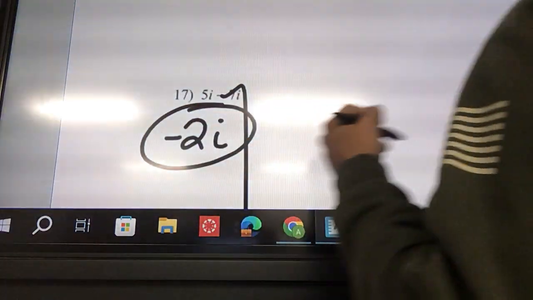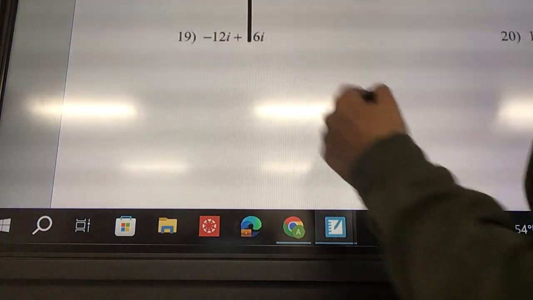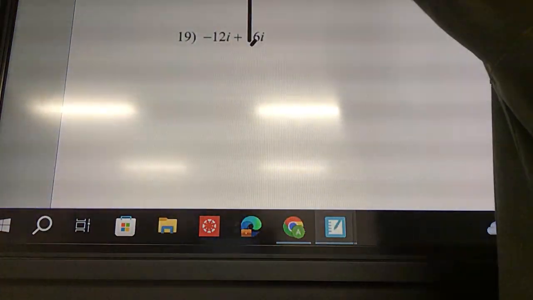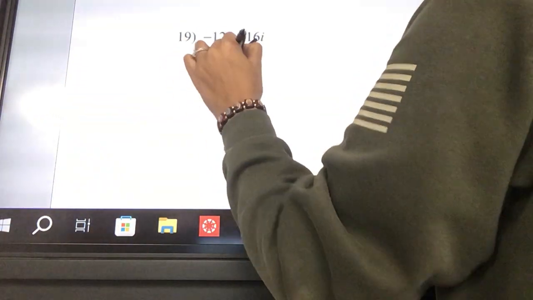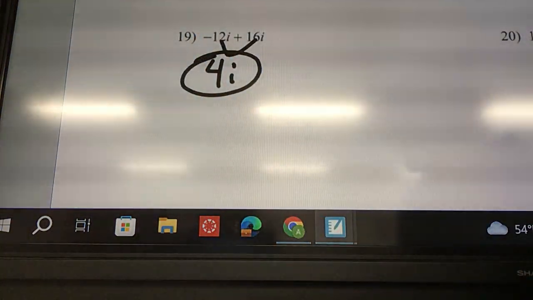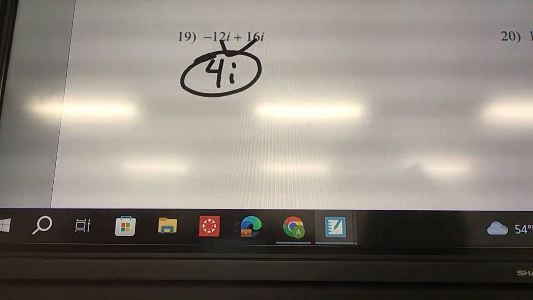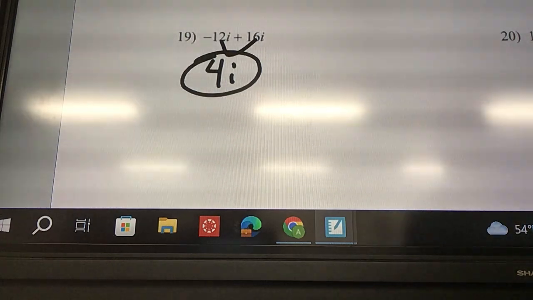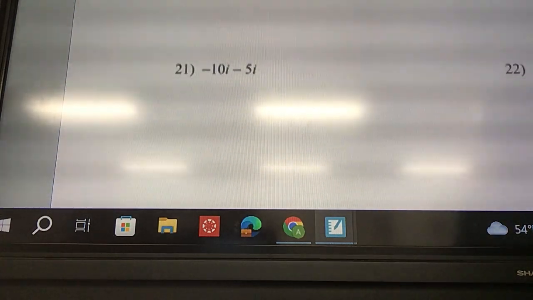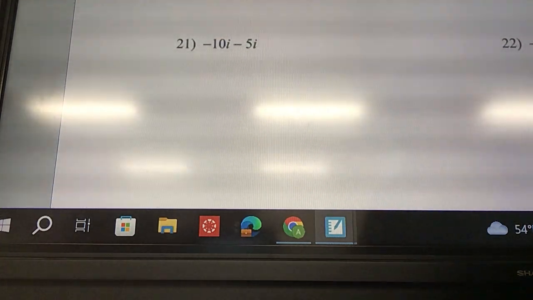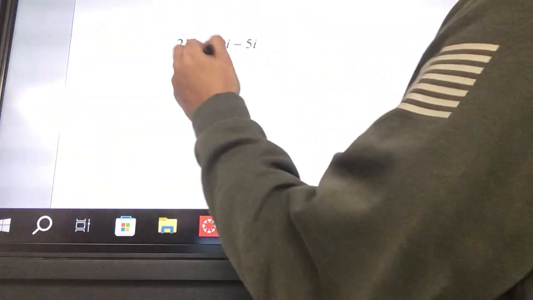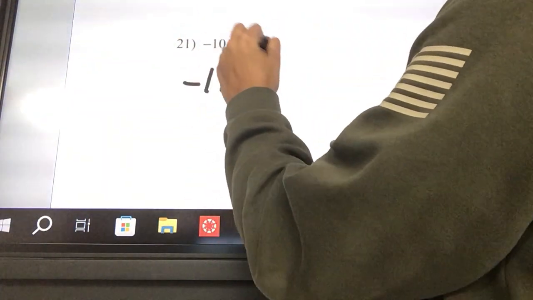So -12 plus 16 is going to give me a positive 4i. Okay, 20. I can put the i's together. So -10 minus 5 is going to be -15i.